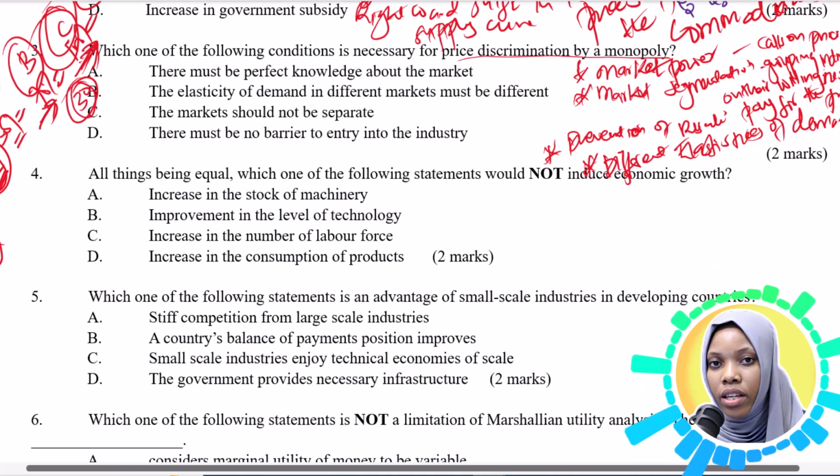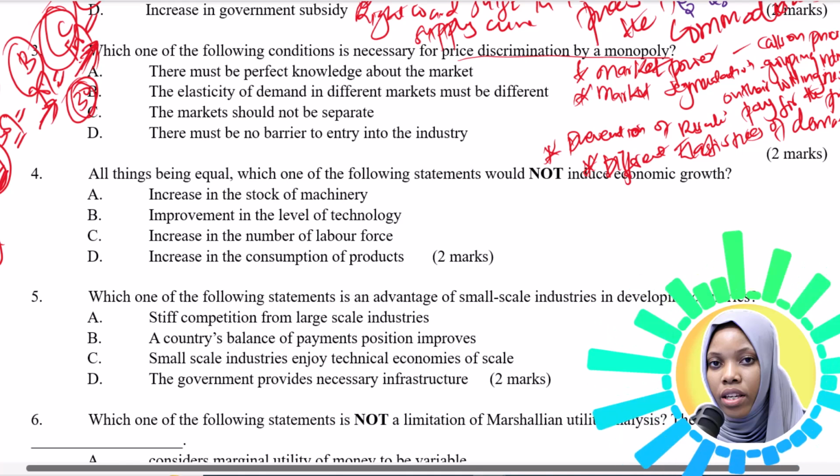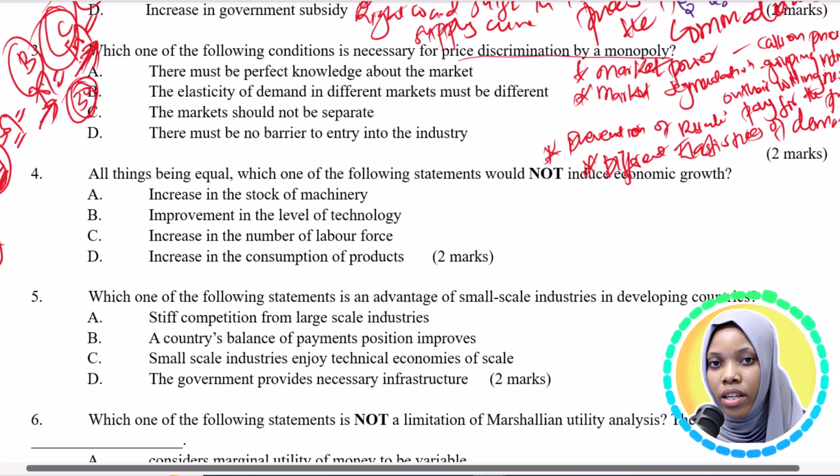So the choices that the examiner has provided us with: choice A is there must be perfect knowledge about the market. Choice B is the elasticity of demand in different markets must be different. Choice C is the markets should not be separate. And choice D is there must be no barrier to entry into the industry.